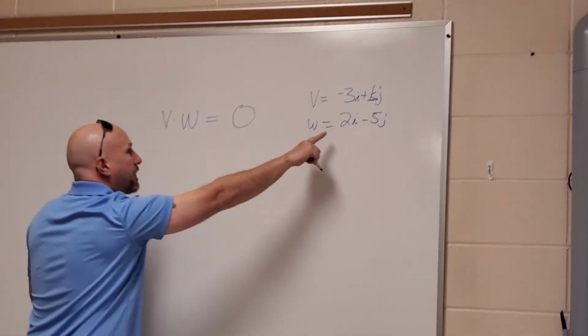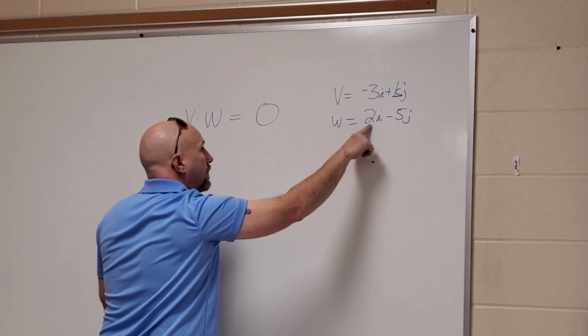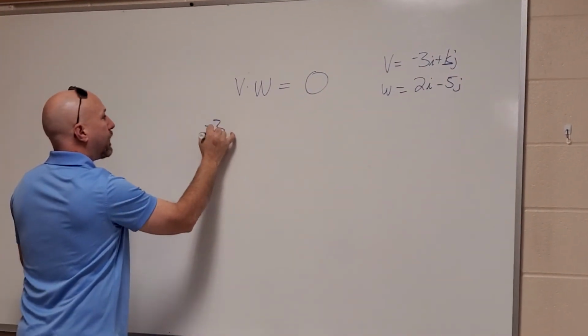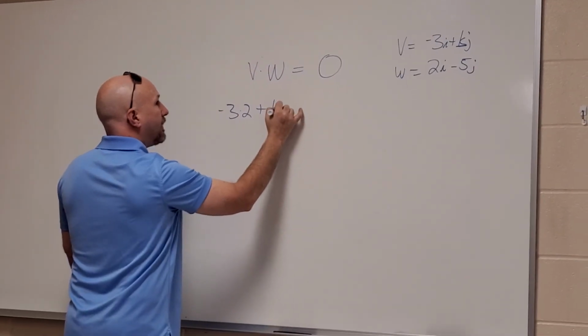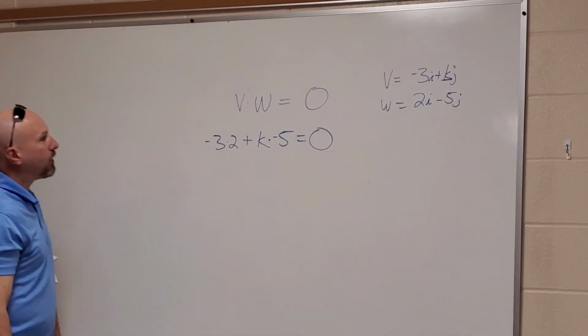The dot product will be A1 times A2, plus B1 times B2. So then negative 3 times 2 plus K times negative 5 equals 0.